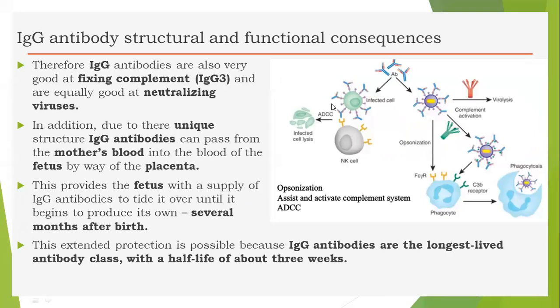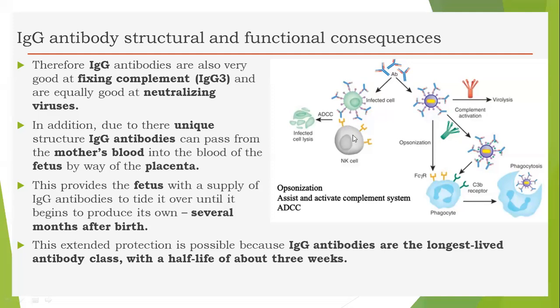Yeah, and just to re-emphasize again, immunoglobulin Gs are also good at fixing complement and neutralizing viruses. And we can see here in terms of antibody-dependent cellular cytotoxicity, we've got an infected cell that has a lot of immunoglobulins that have bound to the antigenic surfaces on the cell.